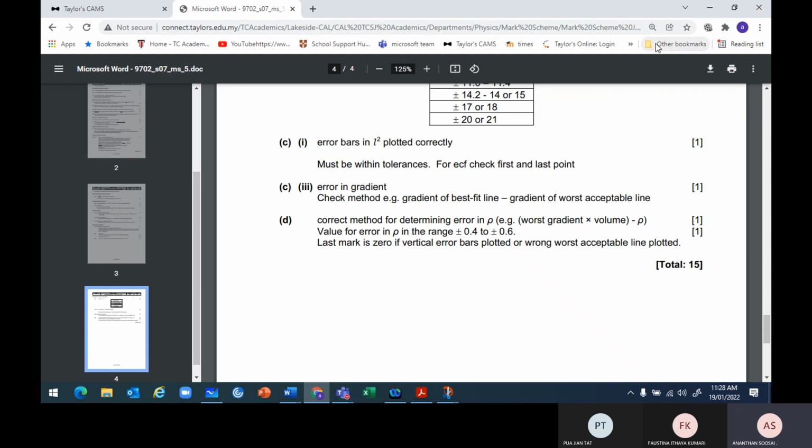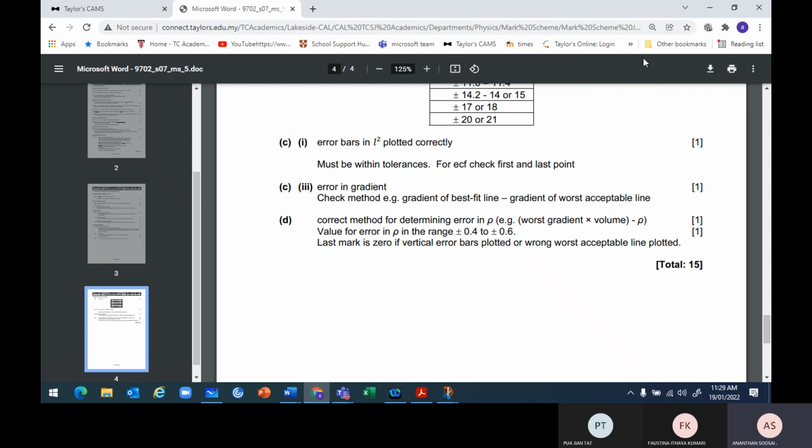Any questions? For the uncertainty of gradient, we use the high one minus the low one, right? Not necessarily best fit minus worst fit. Higher actual value minus lower actual value. In this case, they're saying best fit minus worst fit, but I use worst fit minus best fit.